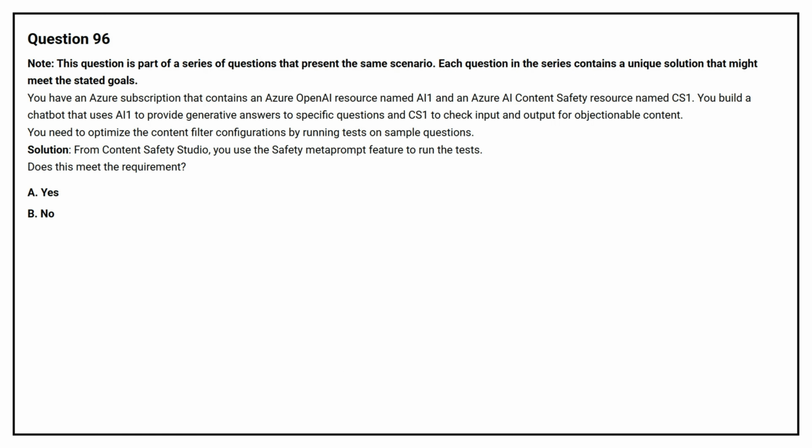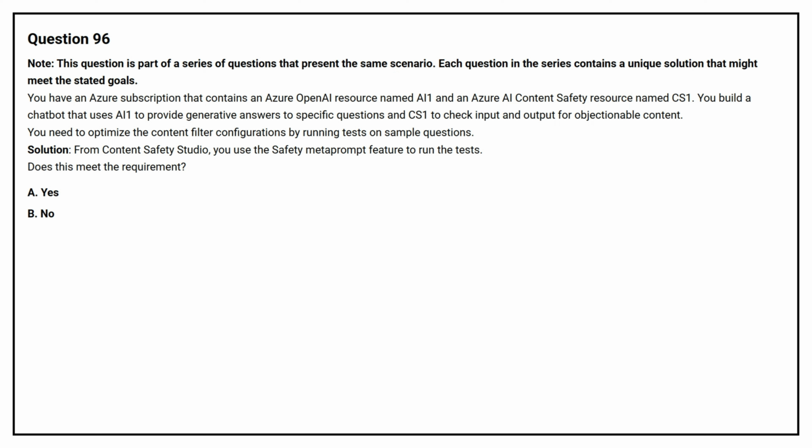Question number 96. Note, this question is part of a series of questions that present the same scenario. Each question in this series contains a unique solution that might meet the stated goals.